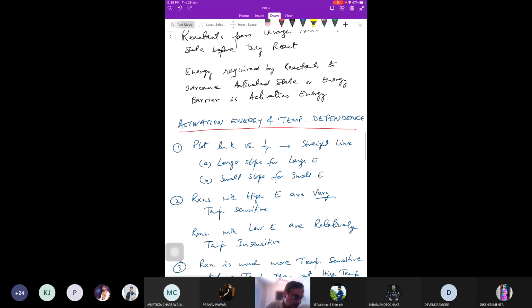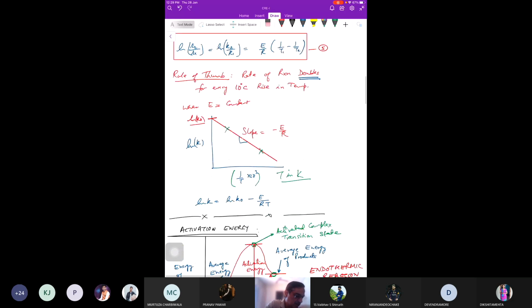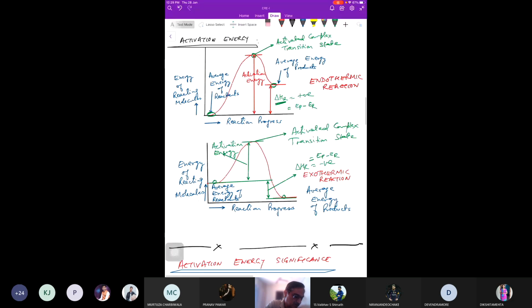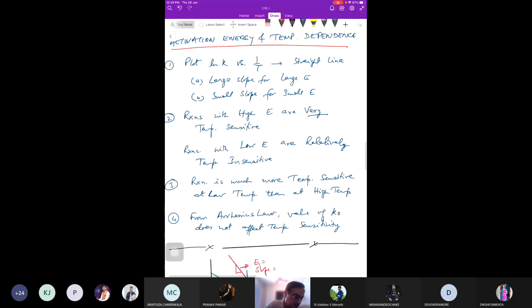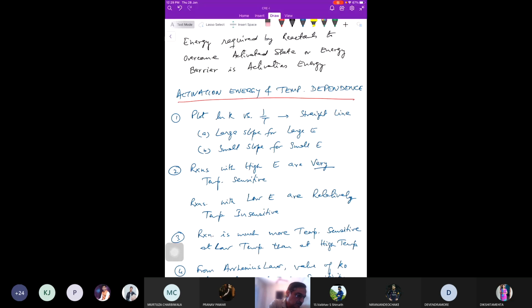Right? So temperature dependence we have seen. Plot ln k versus 1 by T, you get a straight line. If the slope is large, we saw, right, then E is more. If the slope is small, then E is small. And reactions with high energy of activation are very temperature sensitive. What does temperature sensitive mean?